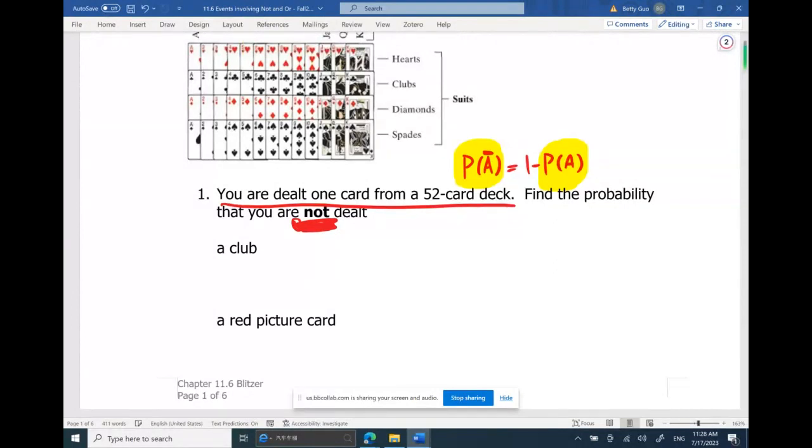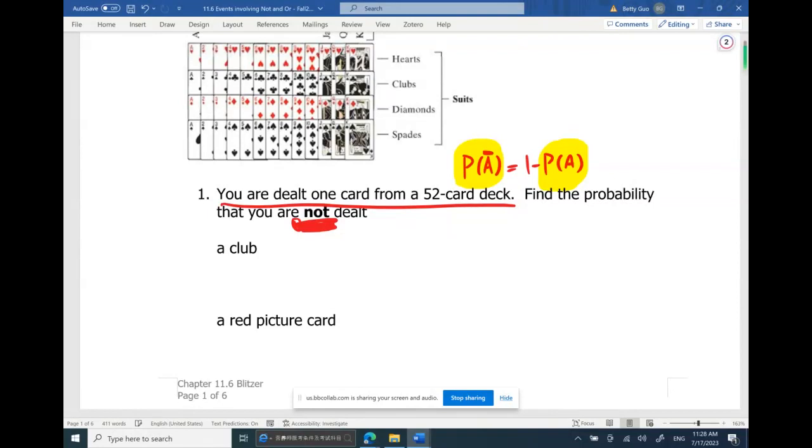We find the probability of A and then subtract it from 1 to get the probability of A bar. This example would be the case.